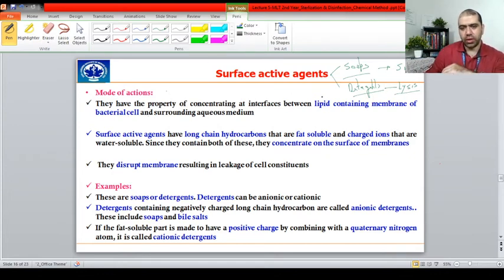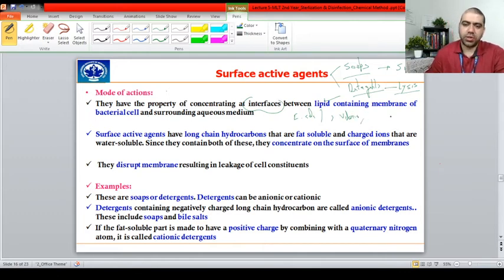As I told you, they can interfere with the lipid-containing membrane, particularly present in your coronavirus also, and particularly in your gram-negative bacteria. For example, E. coli, or another example of gram-negative bacteria, as I told you, is a comma-shaped bacteria called Vibrio cholerae, which causes cholera.